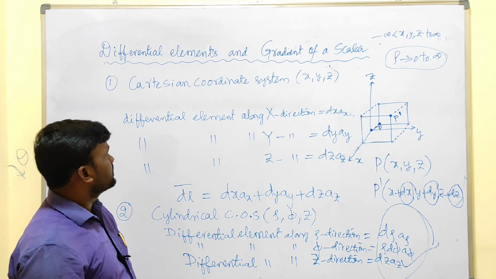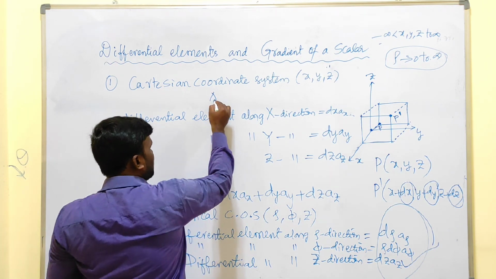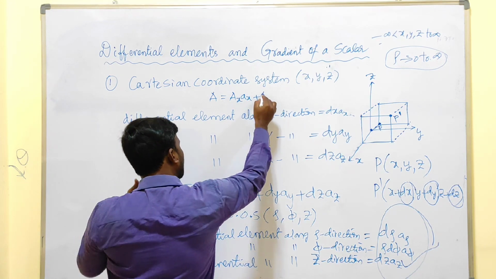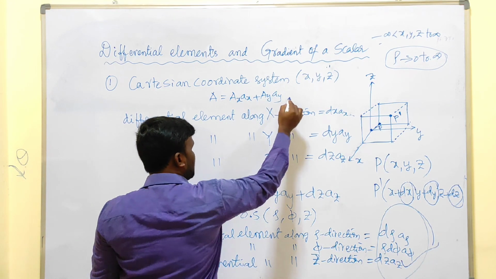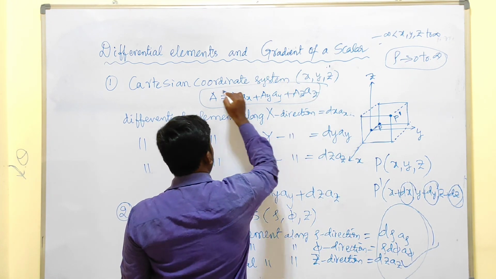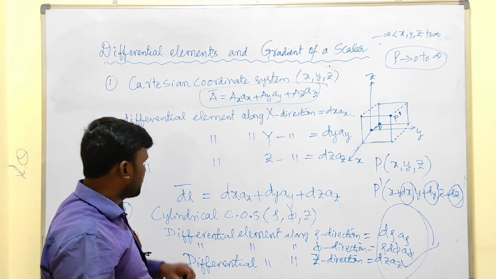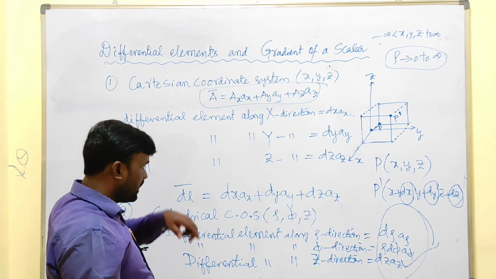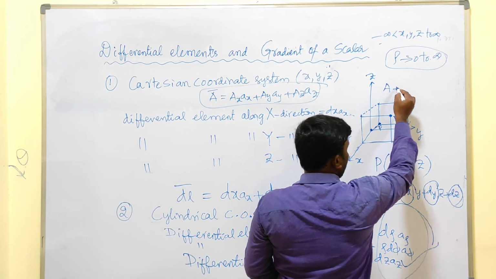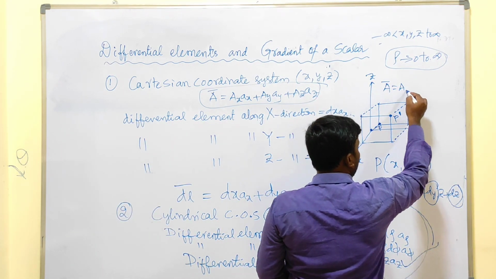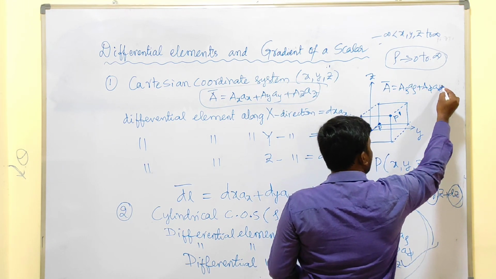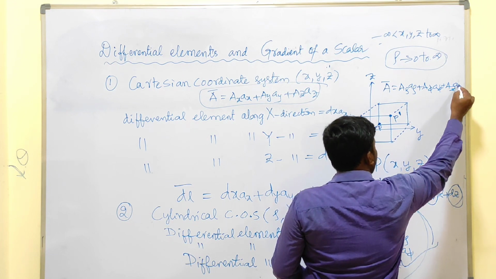In Cartesian, a vector is represented along x axis ax, along y axis ay, along z axis az. Whereas in the cylindrical coordinate system, a vector A bar can be written as A rho a rho plus A phi a phi plus A z az.